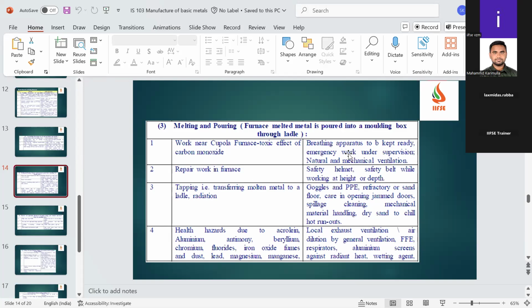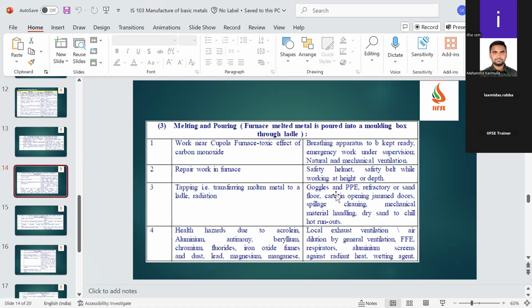Then tapping, which is nothing but dumping of molten metal into the ladle. The ladle is a bucket kind of thing where they carry the molten metal to pour into the molds.